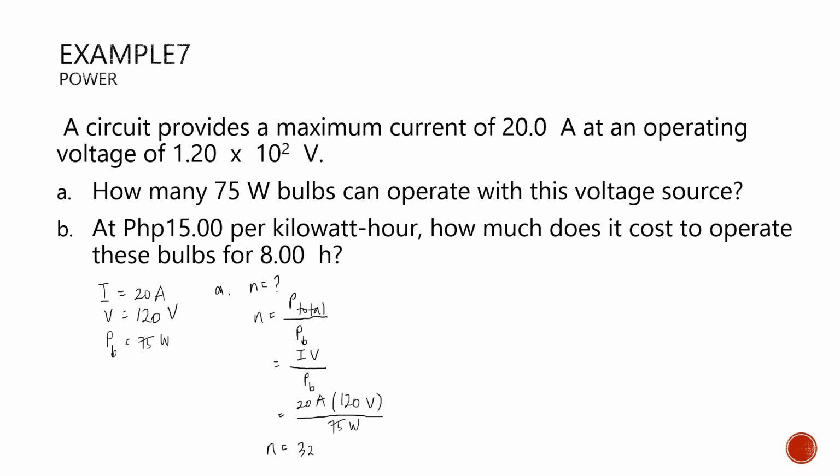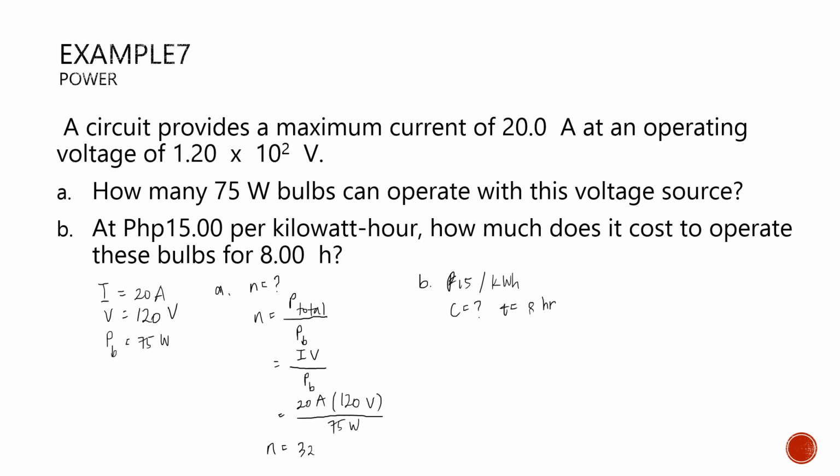And for letter B, if the price of a kilowatt hour is 15 pesos per kilowatt hour, how much does it cost to operate these bulbs for 8 hours? Okay, time is 8 hours. So we're going to multiply the total power in kilowatts by time.